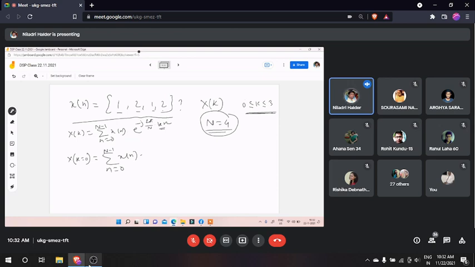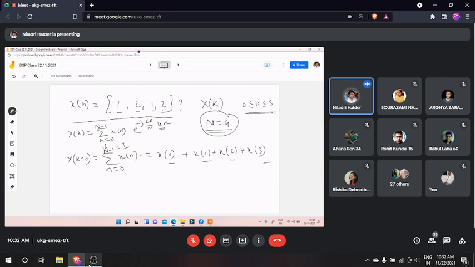Okay, so that value will be, for n equal to 0, small x0 plus x1 plus x2 plus x3. How many samples will you have? 3, because capital N equal to 4, so 4 minus 1 will be 3. So varying from 0 to 3: 0, 1, 2, 3.